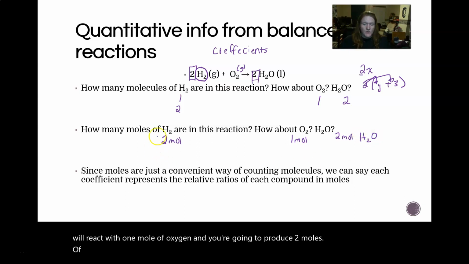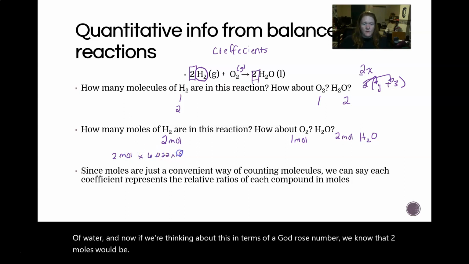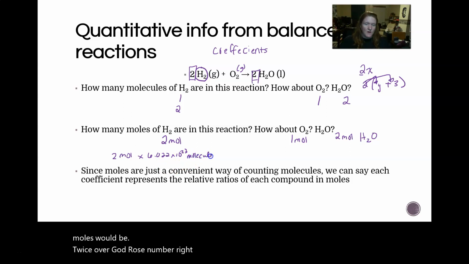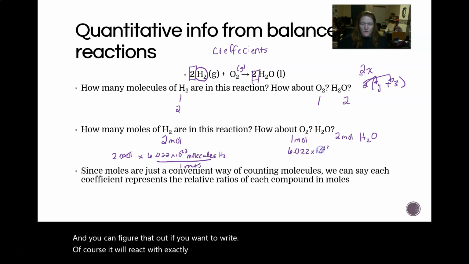And now, if we're thinking about this in terms of Avogadro's number, we know that 2 moles would be twice Avogadro's number, right? So it'd be twice that many molecules. And you could figure that out if you want to, right? And of course, it'll react with exactly 6.022 times 10 to the 23rd molecules of oxygen.